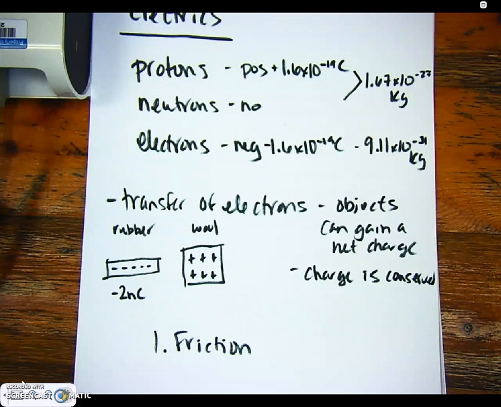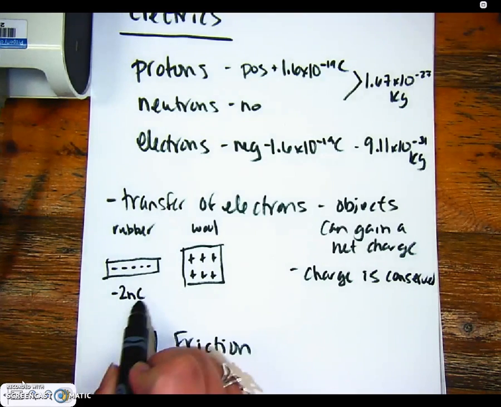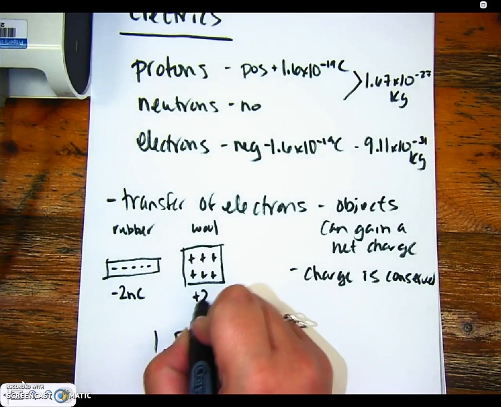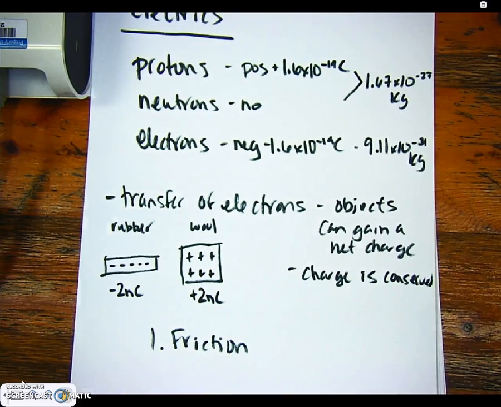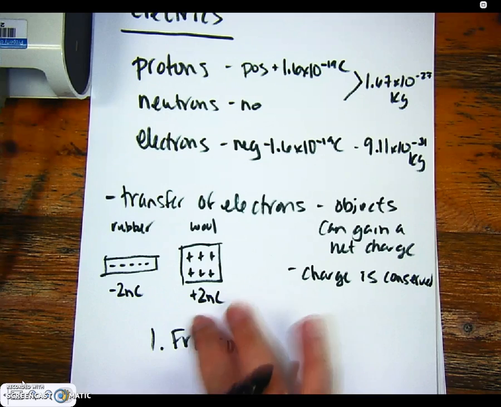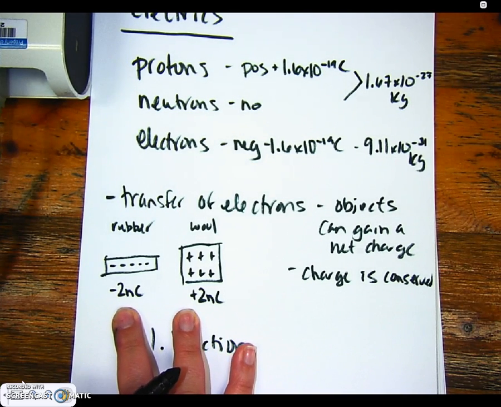So if at first the net charge was 0, and I moved -2 nanocoulombs over here, to show that charge is conserved I would have to say that +2 nanocoulombs must remain here so that the net is still 0.